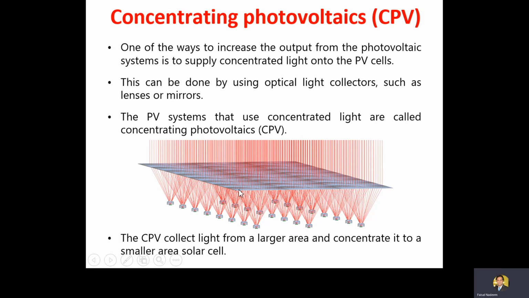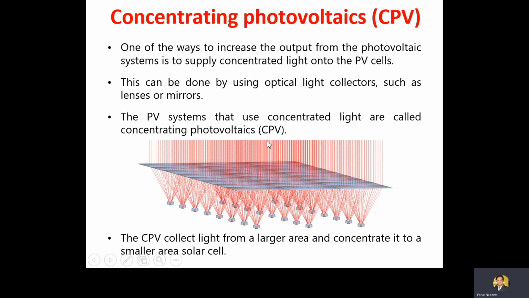What we do in the case of concentrated solar photovoltaic technology is that we place a lens or mirror above the solar cells. This optical light collector, as I have already told you, could be any mirror or lens, and its purpose is to converge and concentrate the light on the PN junction of the cell.